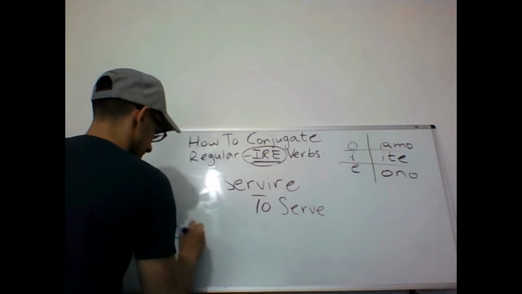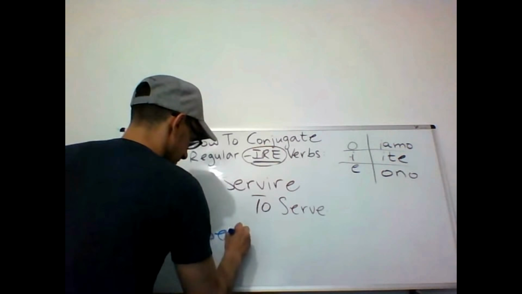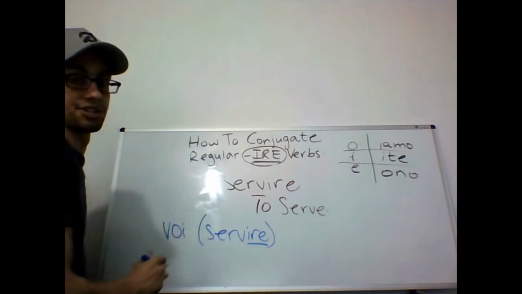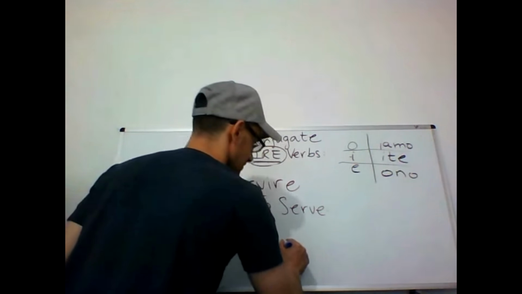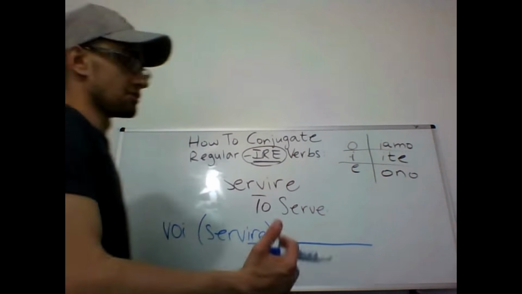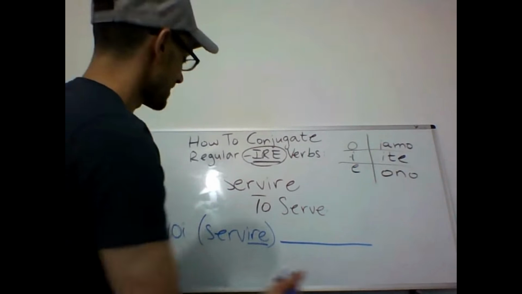Voi. So you all. Now we have to serve, right? Because that's not conjugated, that's the infinitive. So to serve, right? So you all to serve the people or the persons. Well, we need to make it sound right.